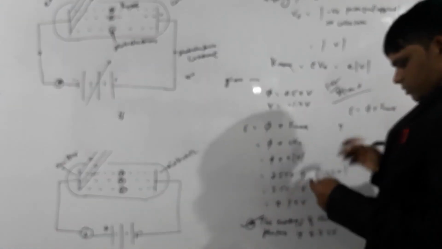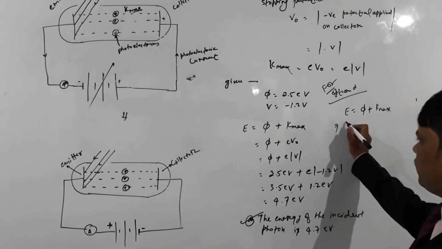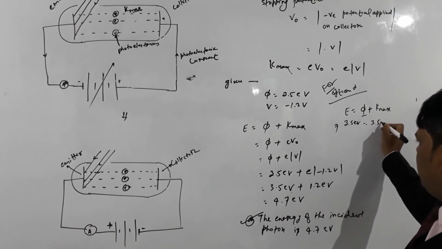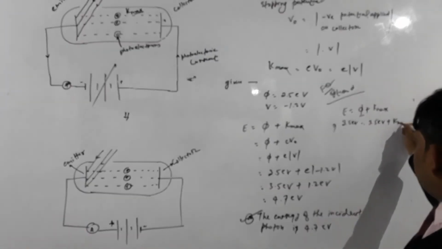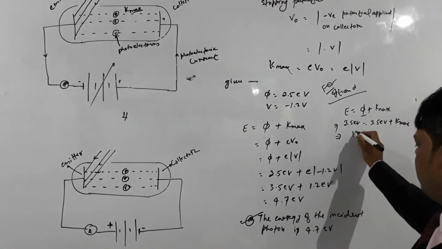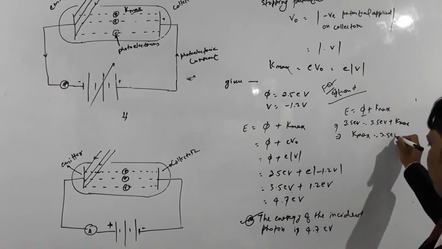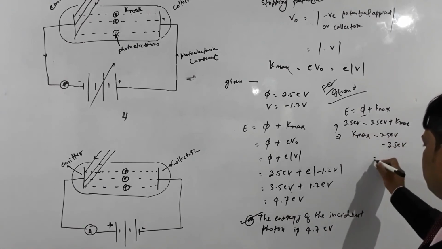According to the question, when the energy of the photon is 3.5 electron volt, this is 3.5 electron volt, plus K max. So here K max is equal to 3.5 electron volt minus 3.5 electron volt. This is equal to 0.